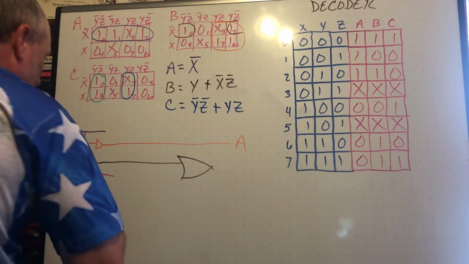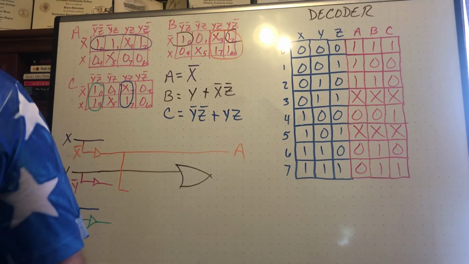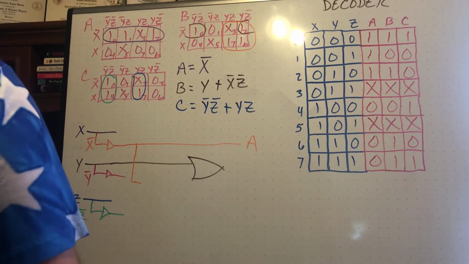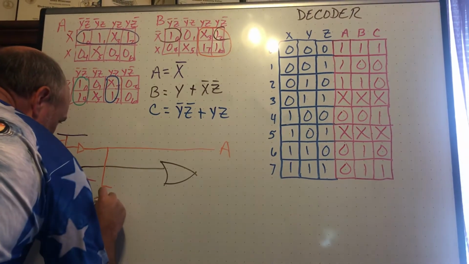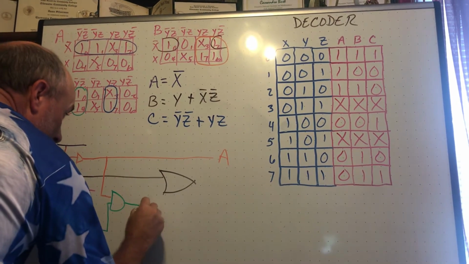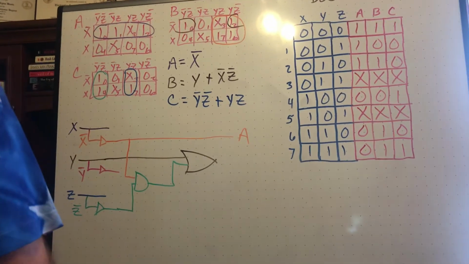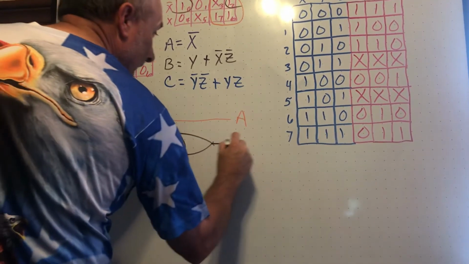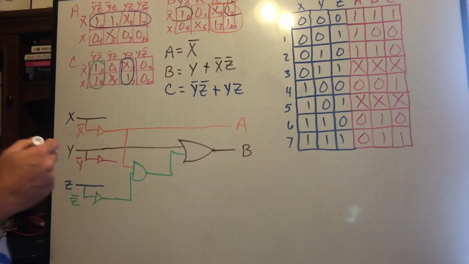So I'm going to bring X naught down, and then I need Z naught. So I'm going to bring Z naught up, and I'm going to AND them together. And that output is going to go into the OR gate, and that output is going to be B.